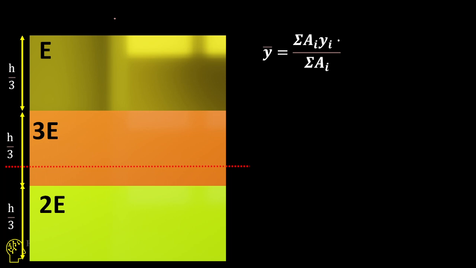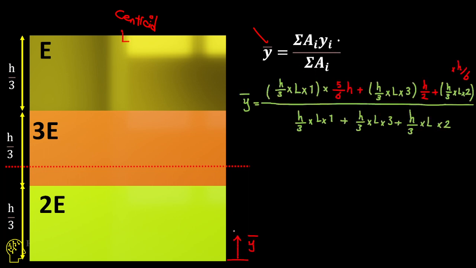The very first part is to calculate the centroid of our composite section. Y bar is the summation of A_i times y_i over the summation of areas.